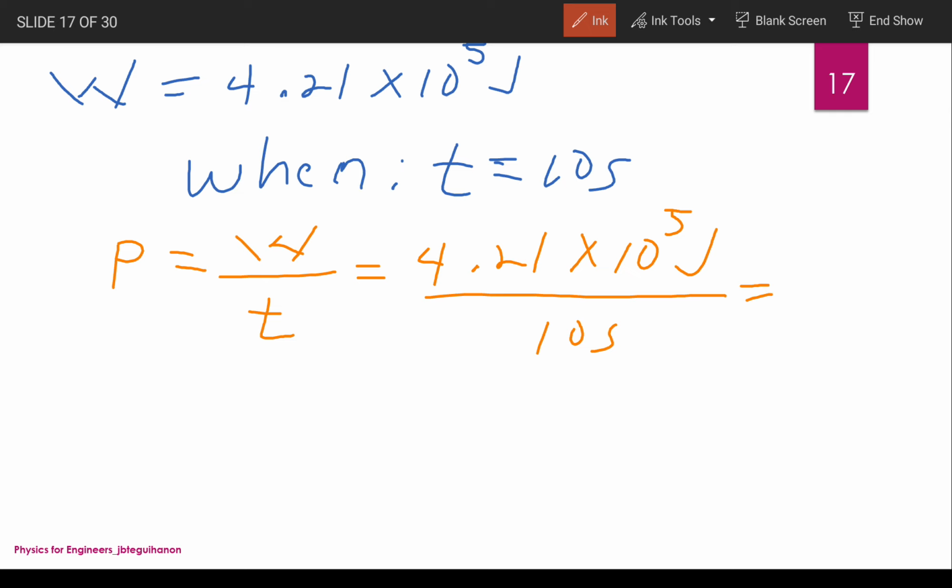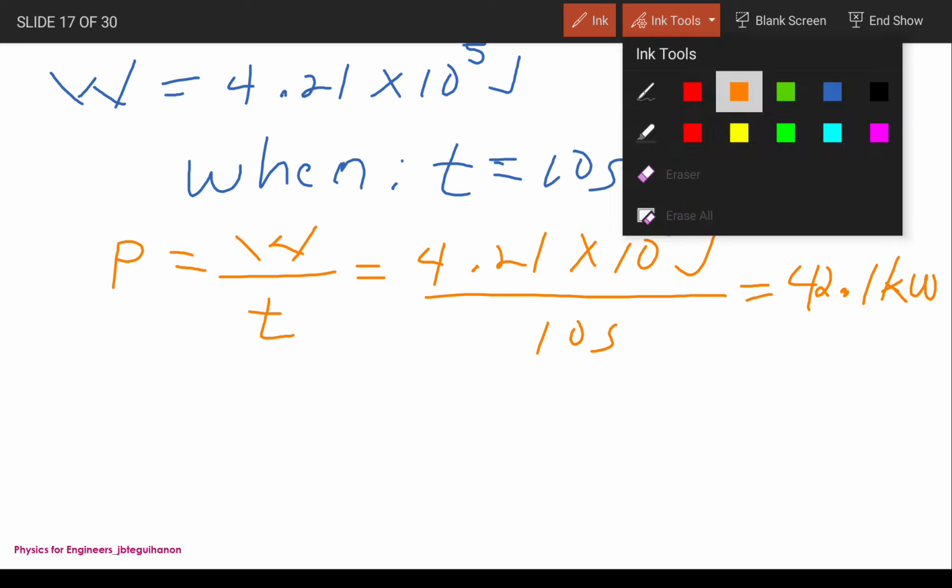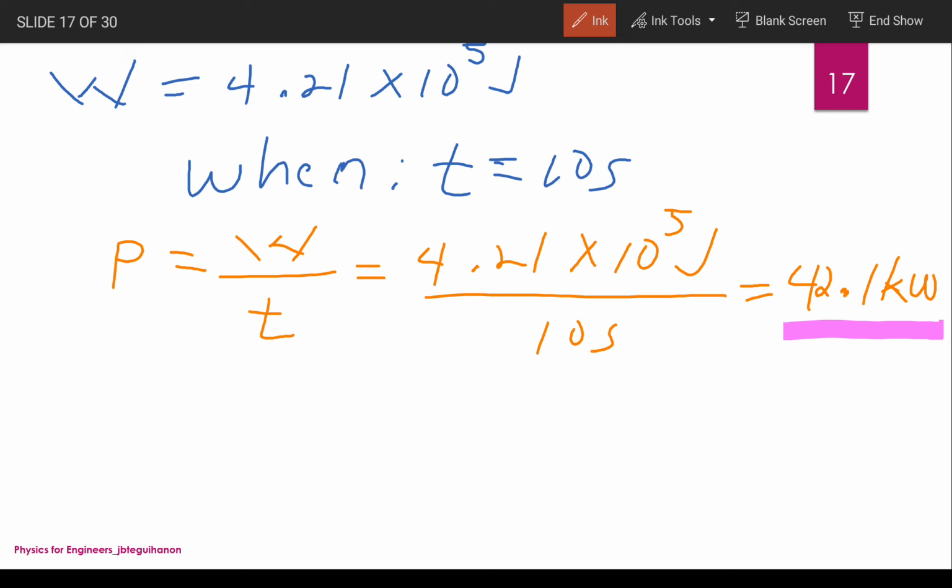That is in watts. So you will have 42.1 kilowatts. Okay? And that is the answer.